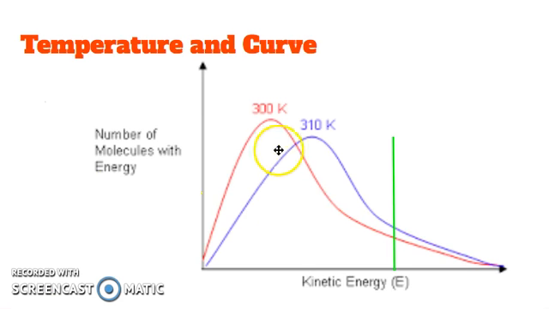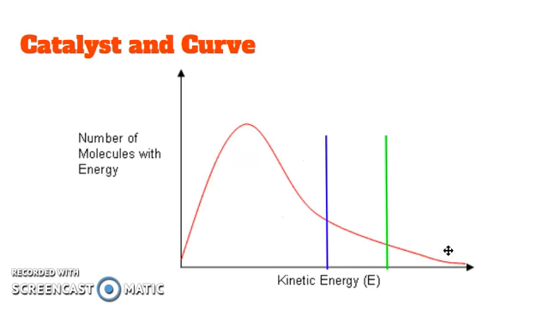Higher temperature will shift the graph to the right, and there will be more area under the graph that can collide with sufficient energy. And a catalyst lowers the bar so that more people can actually pass the exam or collide successfully. So that's rate of reaction.